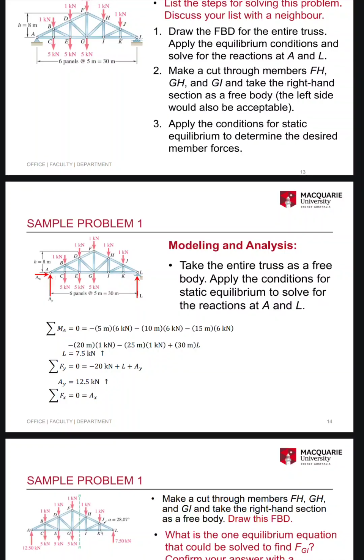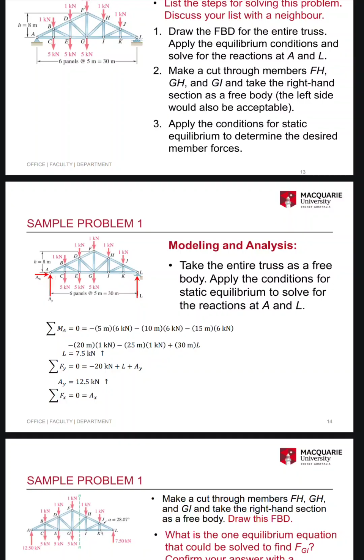Modeling analysis. So we take the entire truss as a free body, and apply the conditions for static equilibrium to solve for the reactions at A and L. So at A, summation of M equals 0, which is going to be, so there are a lot of forces.